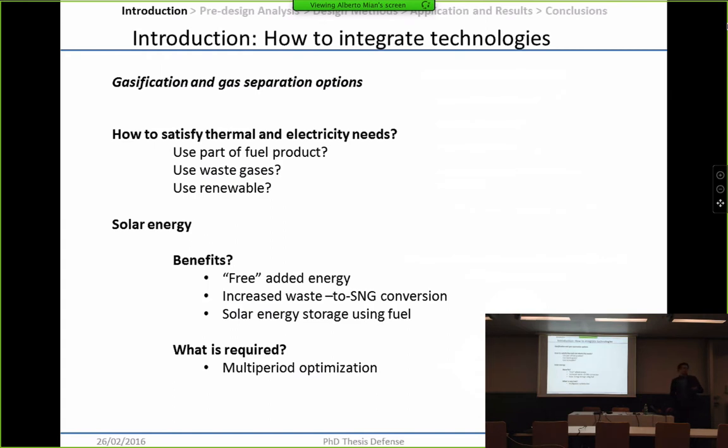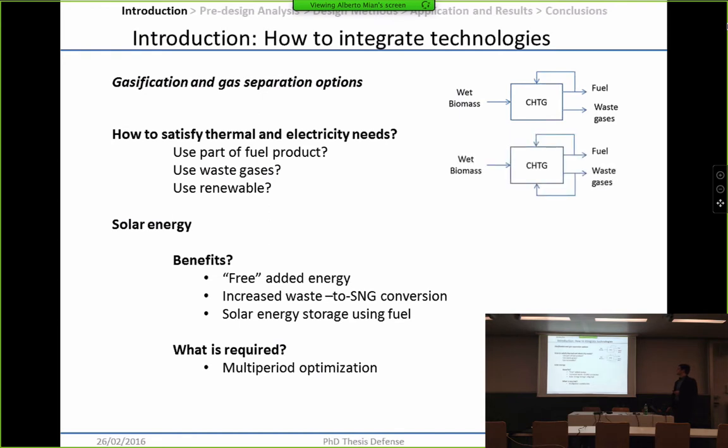So looking at the gasification process and the gas separation process, the problem is that, as I was saying, the energy balance is not closed. So we need to provide from another source heat to heat up this process. There are mainly three ways of doing this. It would be possible to use part of the fuel in order to satisfy the remaining requirement.